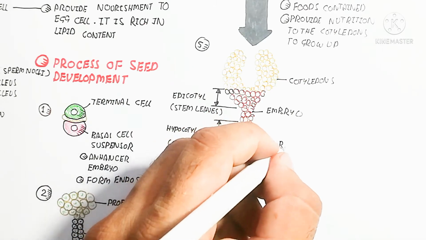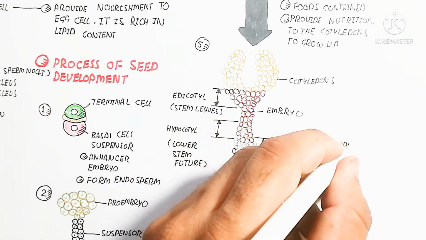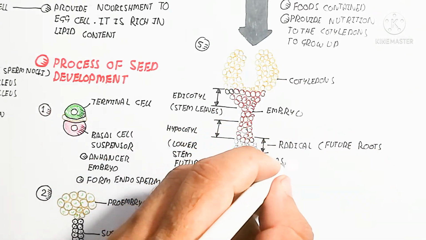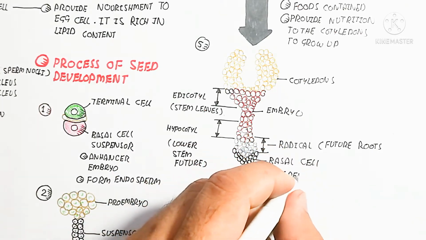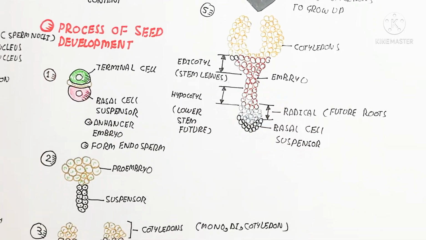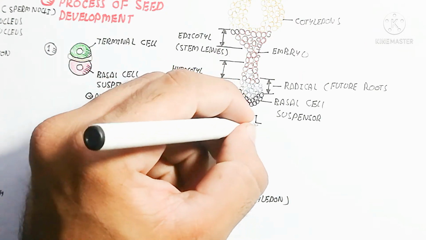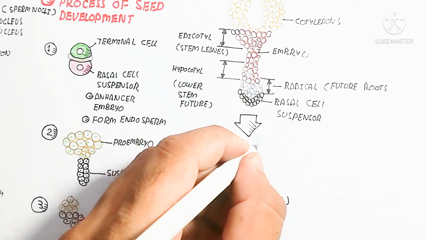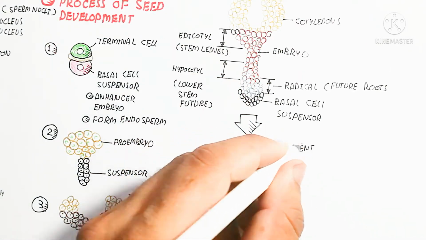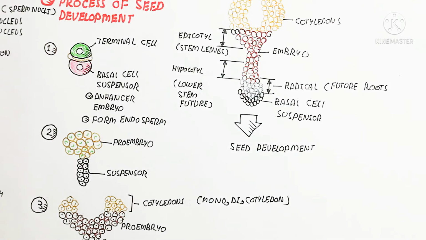So remember that. The seed will be developed from this mechanism, and it is covered with a tough outer coat known as the seed coat, which is important for survival in the environment.